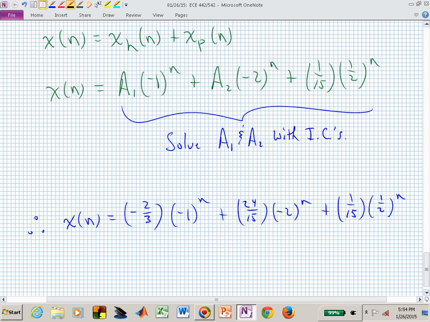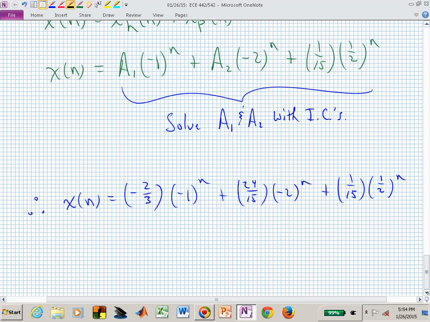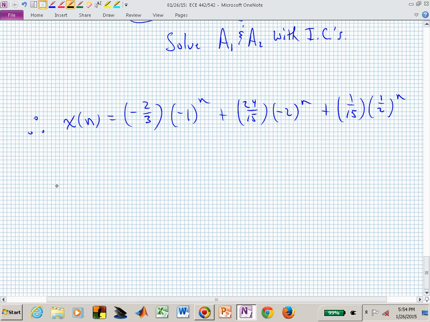What's this x of n going to do as n gets big, or as time increases? Any idea or clue?